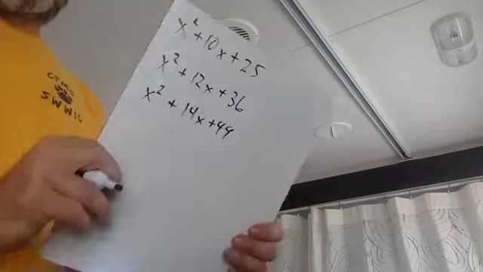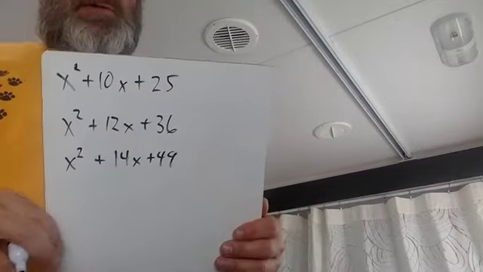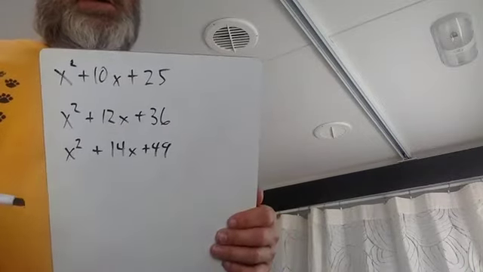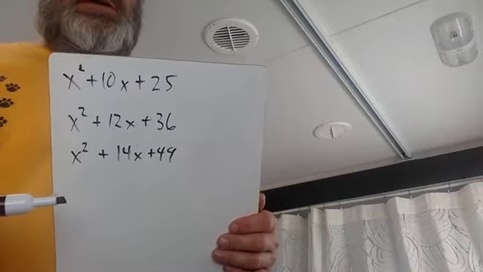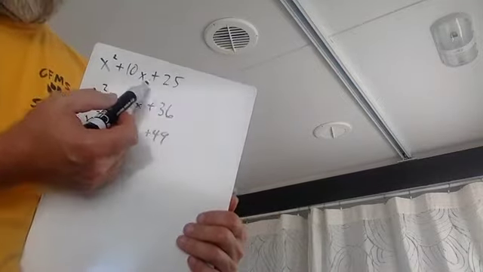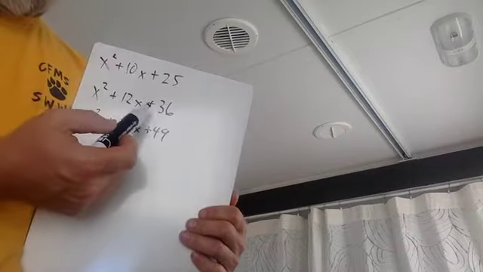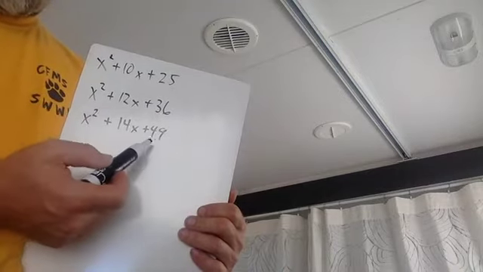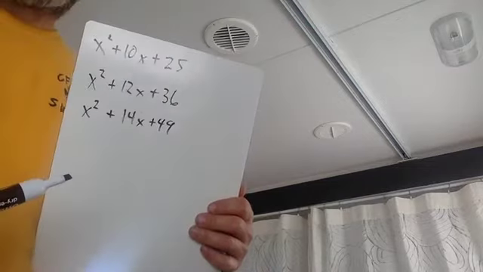What do all these have in common? They're all perfect square trinomials. They're all going to factor with the same number multiplying to give c that adds to give b. This would be 5 times 5 is 25, 5 plus 5 is 10. This is 6 squared, 6 plus 6. 7 squared, 7 plus 7.